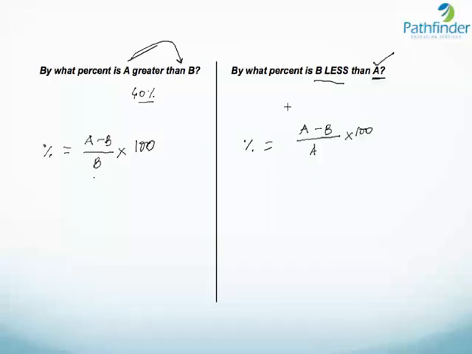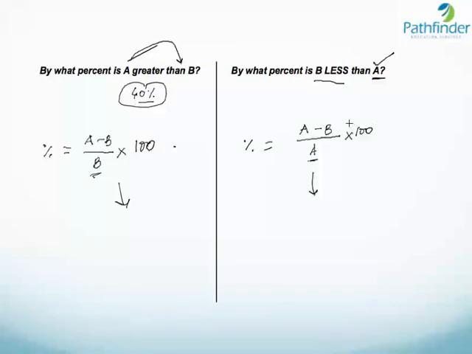This tells you by what percent is B less than A. Now, because the denominators are different, these two percentages will have to be different. And therefore, if A is greater than B by 40%, B cannot be less than A by 40%.